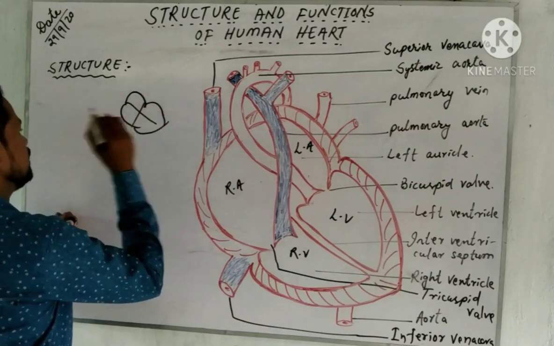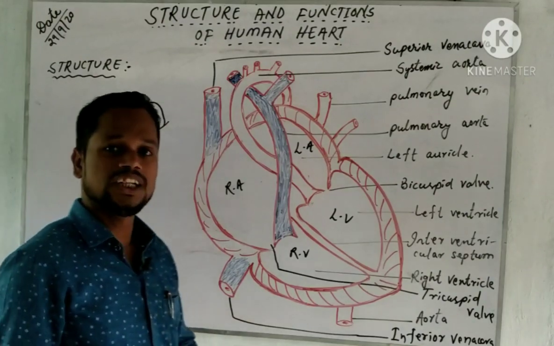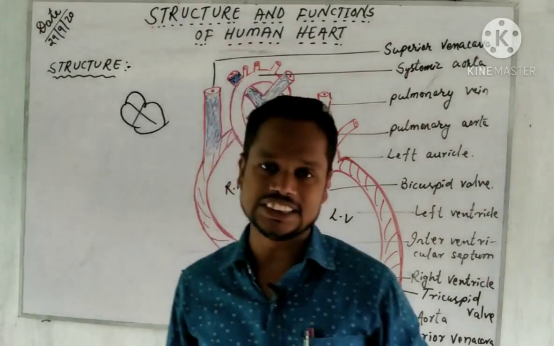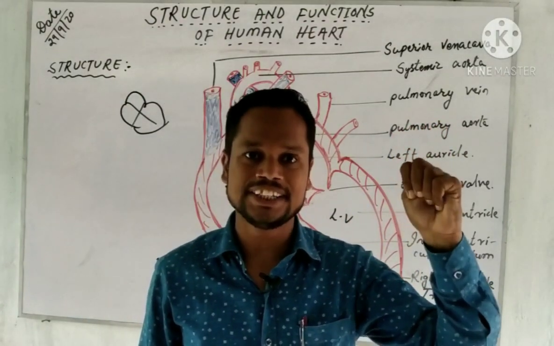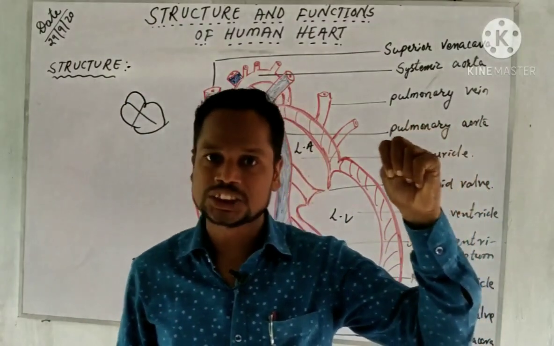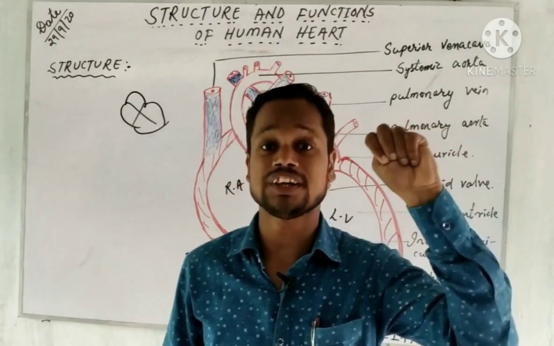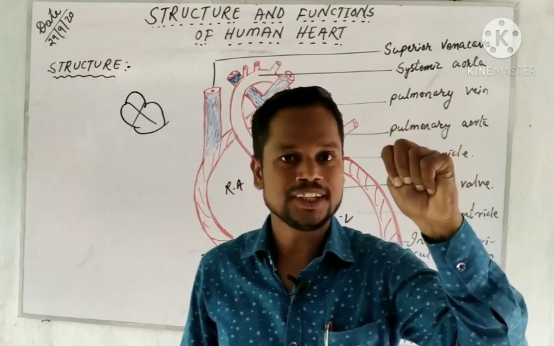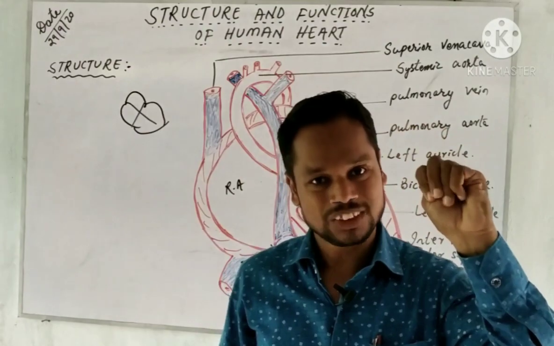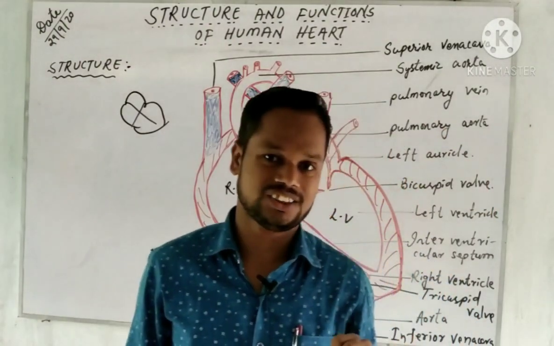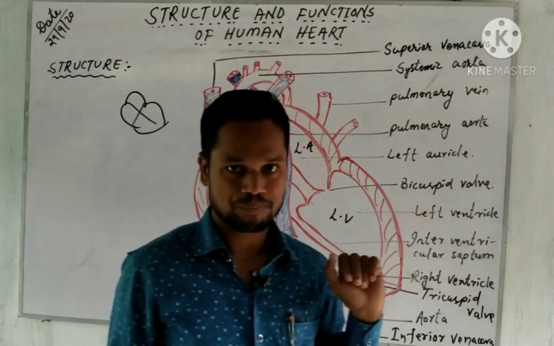It is observed that everybody's heart is like the closed fist of the left hand. See, this is the fist, F-I-S-T, fist of my left hand. My heart will be like this. This is the size of the heart, and the shape is triangular or conical.